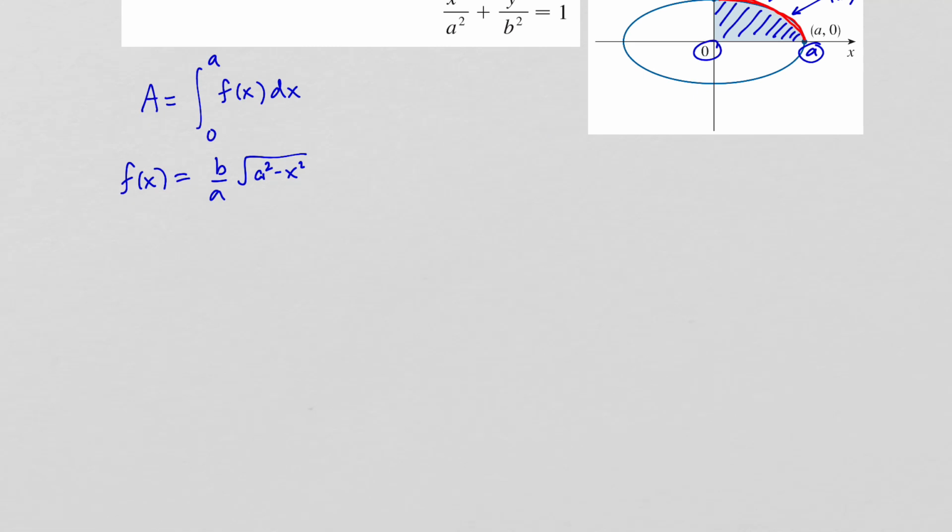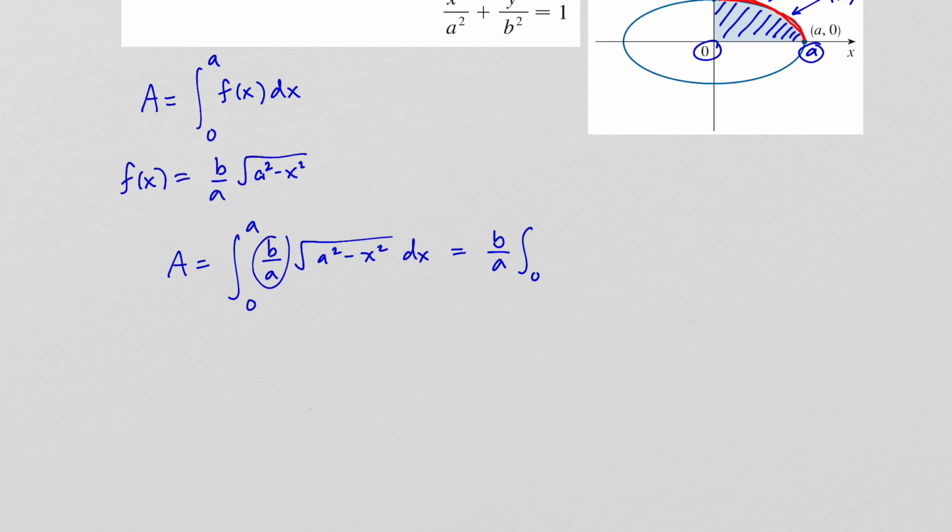So now our area is going to be the integral from 0 to a of your function b over a times the square root of a squared minus x squared times dx. Keep in mind that the b over a here is a constant, so we can actually factor that outside of the integral, like so.